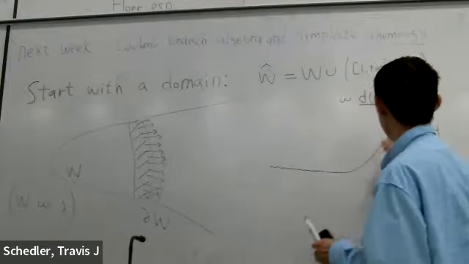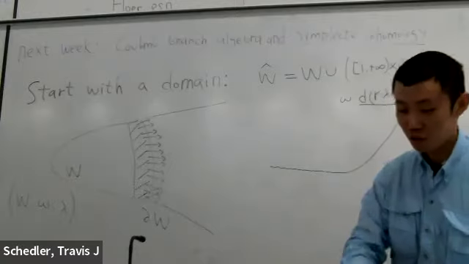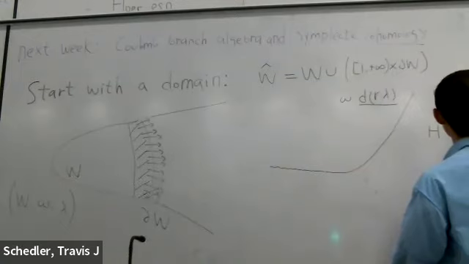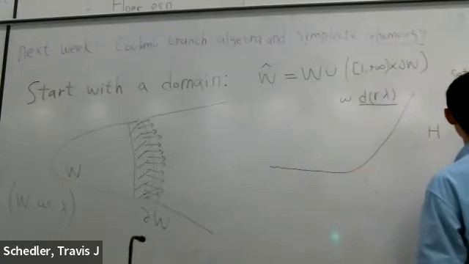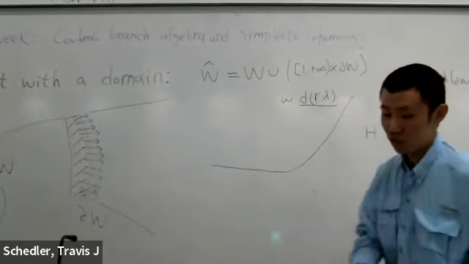That's a good point. Maybe I should write lambda restricted to the boundary. Let's say alpha, another form, lambda restricted to this part.